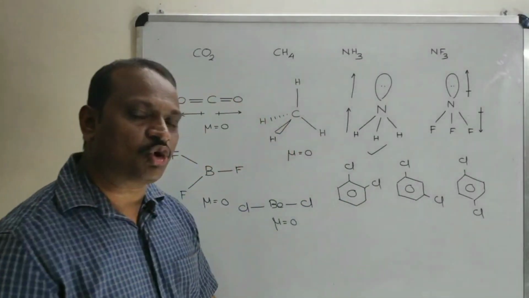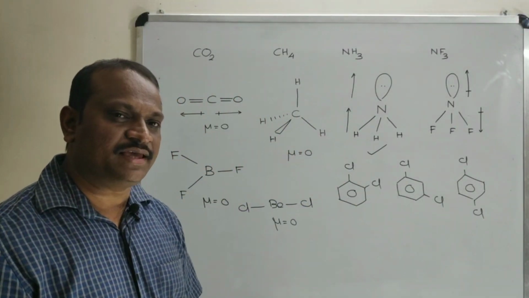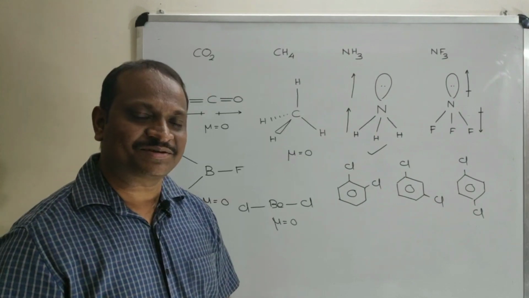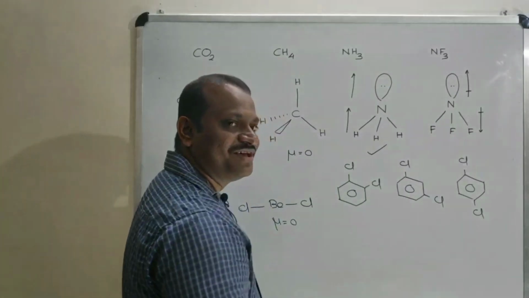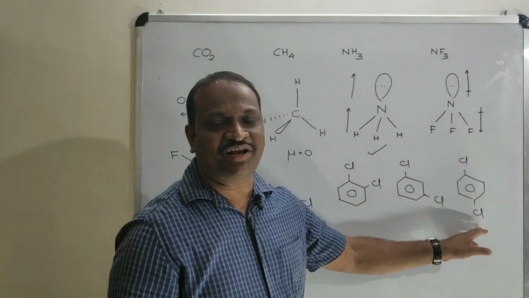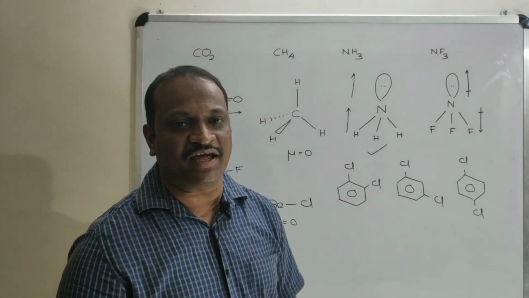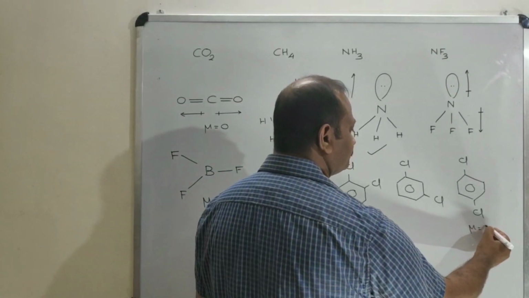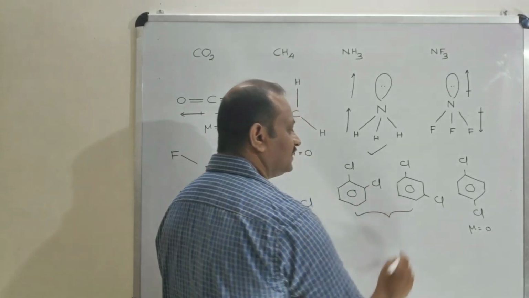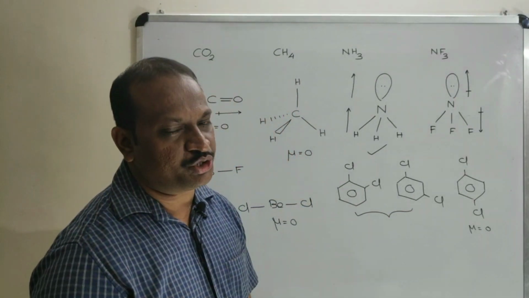Out of these compounds, which one has the highest net dipole moment? Whenever you look at the last case, both the Cl are in the opposite direction, so the net dipole moment is getting cancelled. So in this case, the dipole moment is equal to 0. But in these two cases, the dipole moment is not equal to 0.